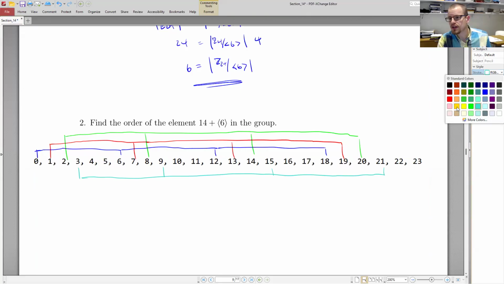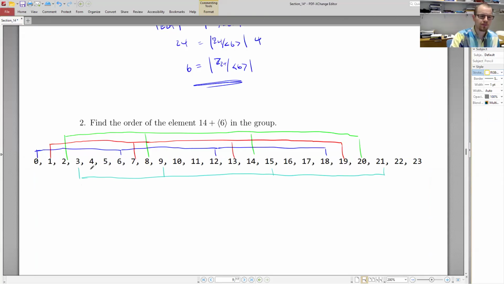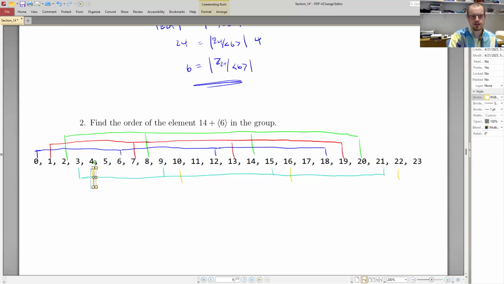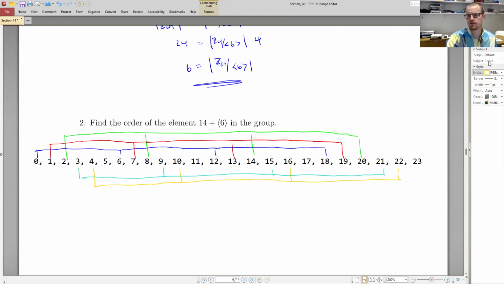Oh, this is kind of an interesting orange. Yeah, I'll go with that one. Add 4 here. So 4, 10, 16, 22. That gets us something different again. And then finally, I can add 5 to identify our final coset here.